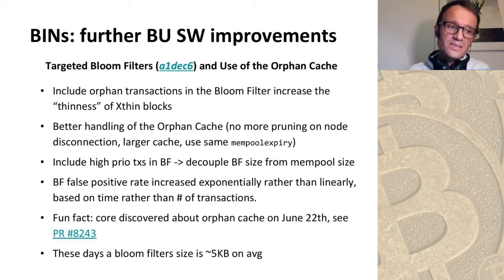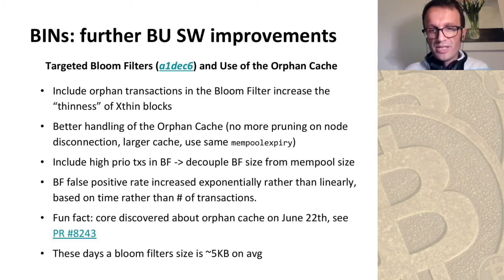So adding orphan transactions to the Bloom filter means that we could achieve an even higher compression ratio. Better handling of the orphan cache, or the orphan mempool if you will, like no more pruning or disconnection, using a larger orphan cache, using the same policy in terms of mempool expiration time, has greatly improved the efficiency of the Xthin technology.